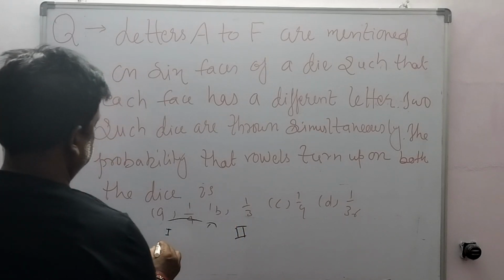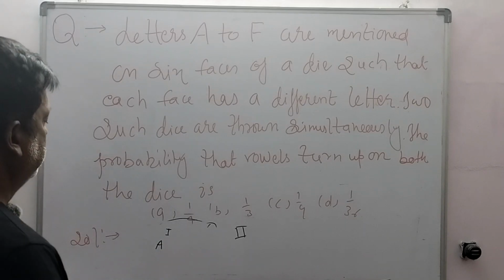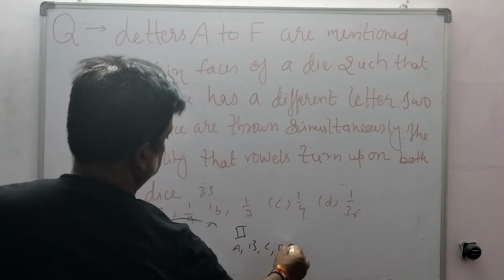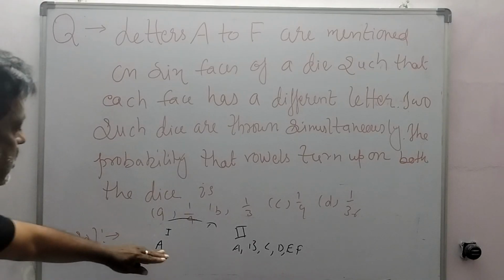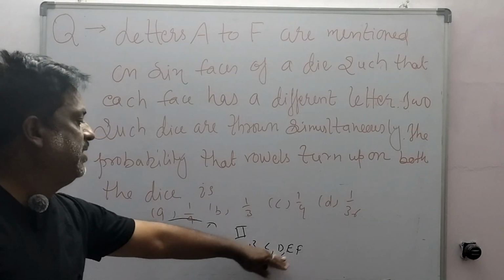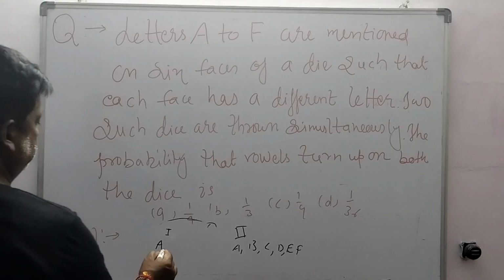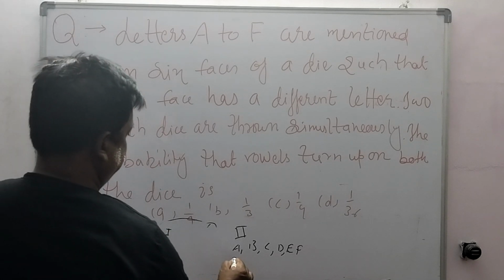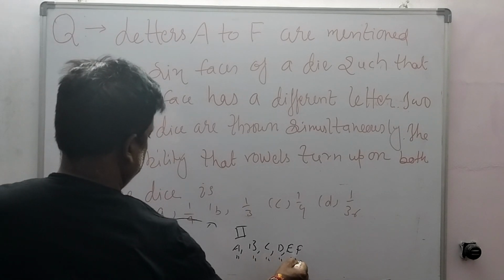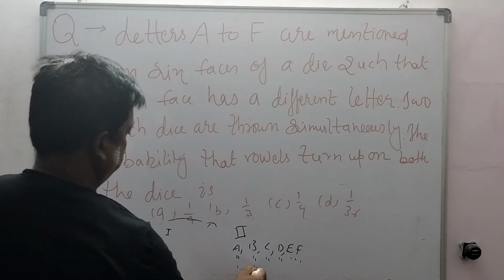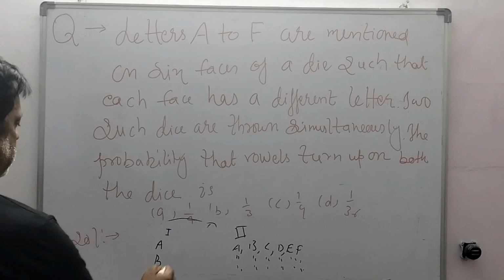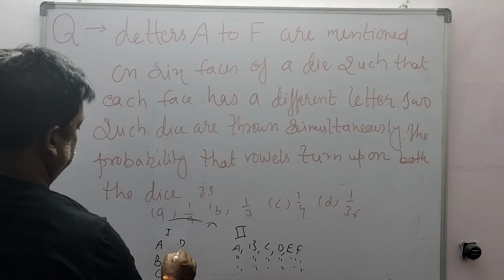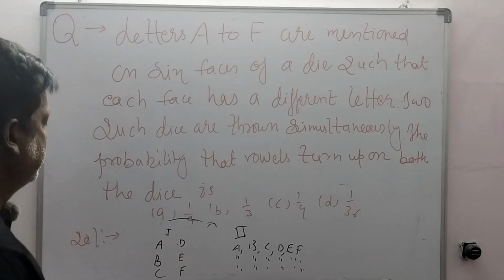If the first dice shows A, then the second dice may show any of A, B, C, D, E, F. If the first dice shows B, again any letter can come. Same for C, D, E, F. All have the same probability.